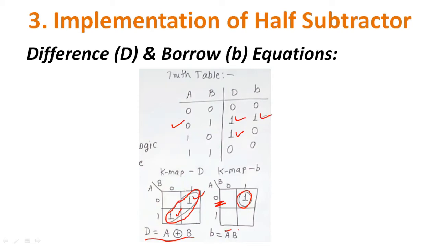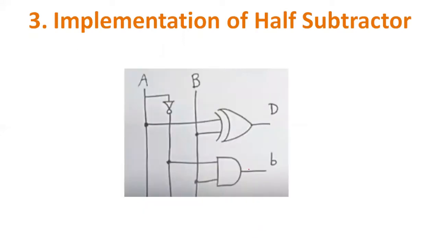As we are getting A bar here, we require a NOT gate. Because we have only A and B as normal variables, but for getting the borrow equation we need the NOT gate. So the output implementation will be like this.